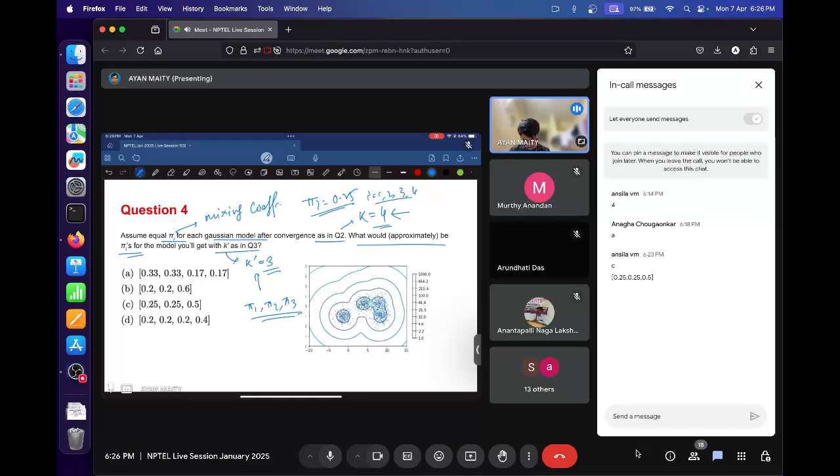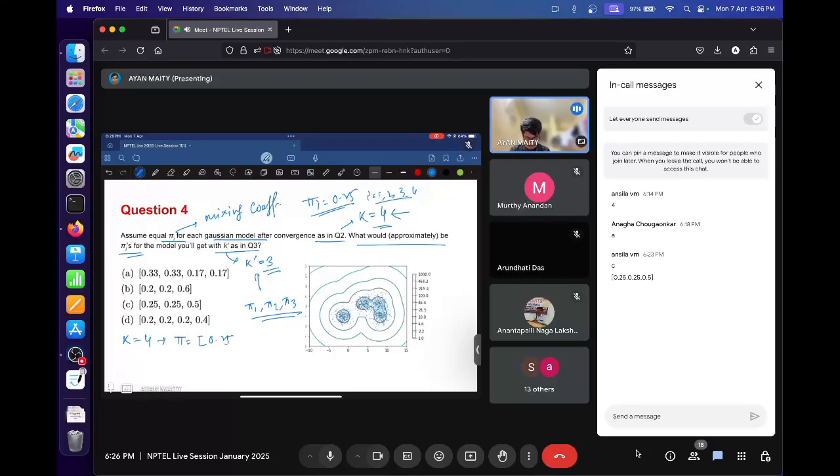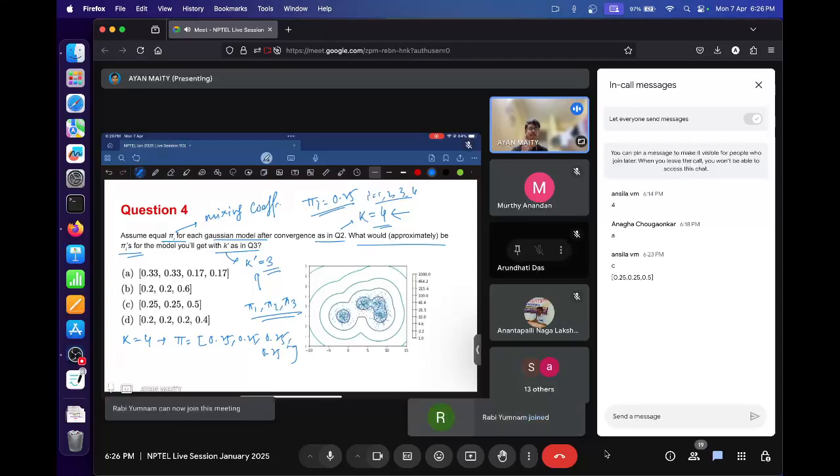So for k equals 4, we assumed equal pi i values. So pi in case of k equals 4 would have been 0.25, 0.25, 0.25, 0.25. For 4 clusters, 4 different pi i values would be there.